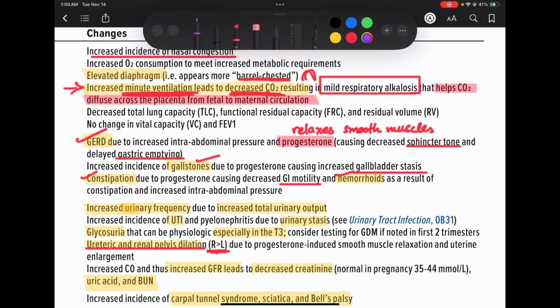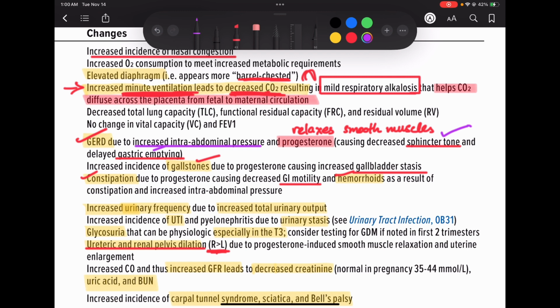It relaxes all the smooth muscles, which leads to decreased sphincter tone and delayed gastric emptying, which would cause reflux, GERD. Also, there is an increase in intra-abdominal pressure because of the gravid uterus, that induces GERD.